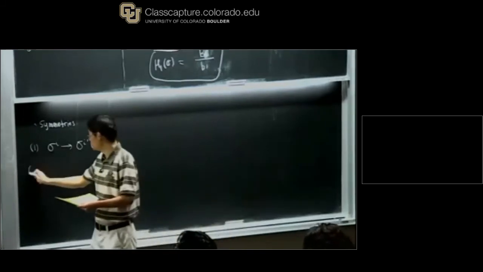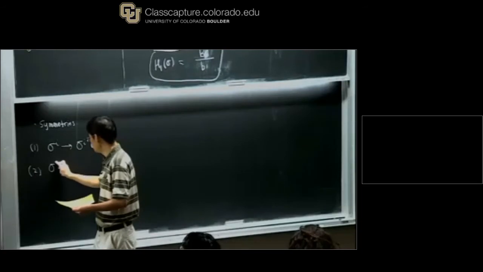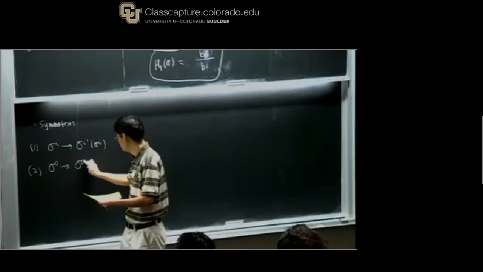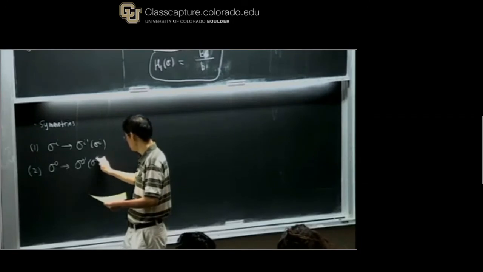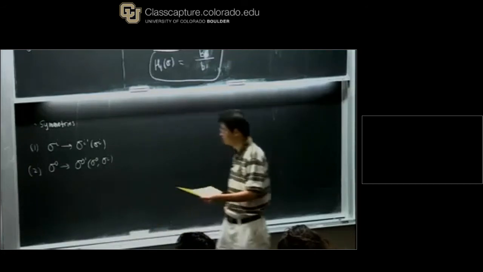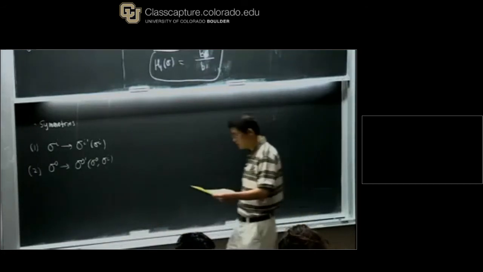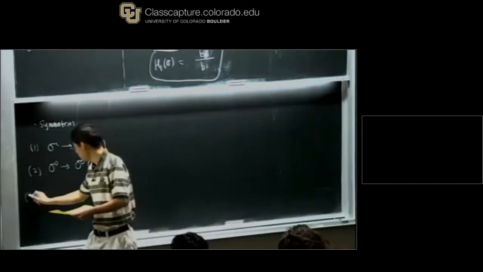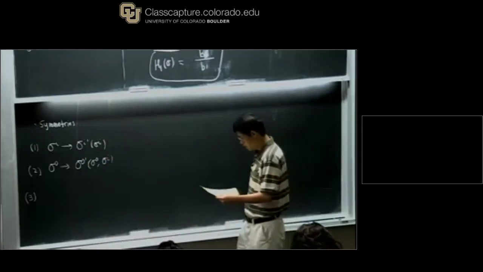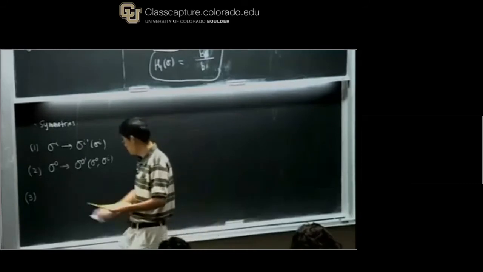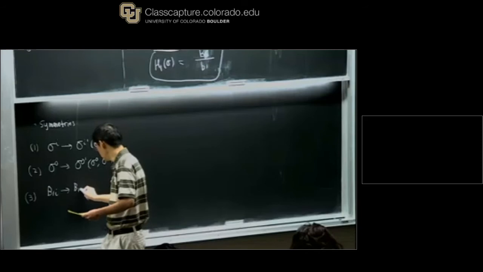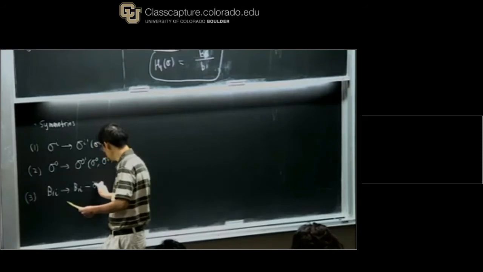The second condition is that I require the theory to be invariant under arbitrary reparameterization of sigma 0, which can now depend on sigma I. And the third one concerns the B field: the B should be invariant under diagonal spatial gauge transformations.